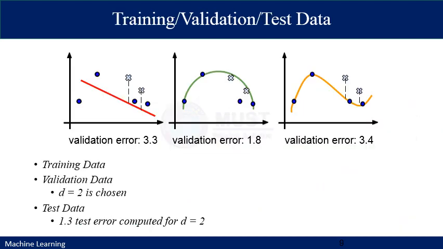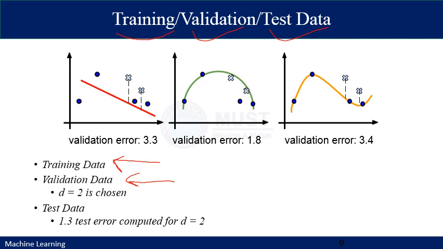So incorporating another part divides the dataset into three sets, namely training, validation, and test data. We use the previous example with the same three algorithms to train on the training data, and we measure the training error. These models are then fed to another subset of the examples, the validation dataset, and you measure the validation error on the examples using the three models we have been using so far.